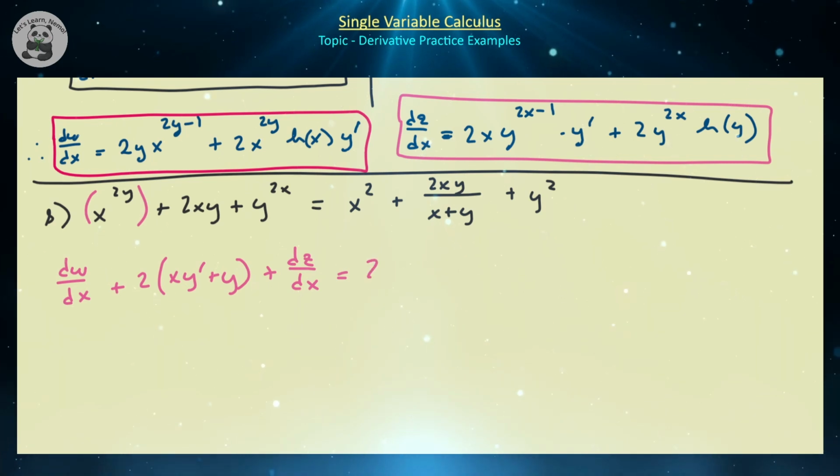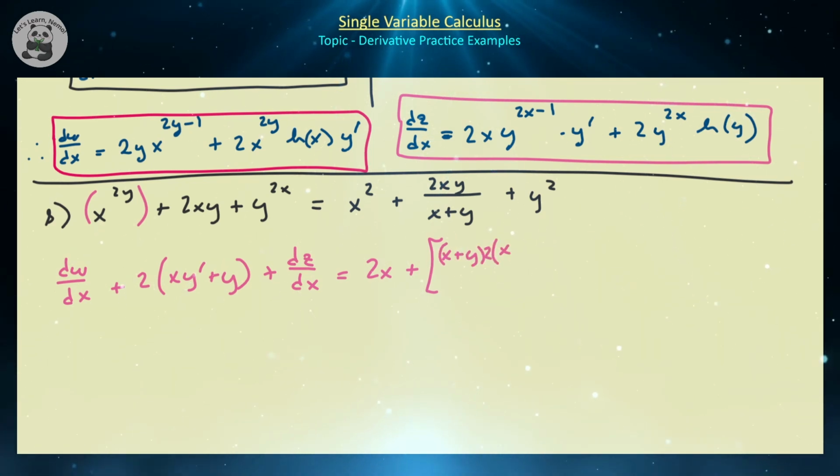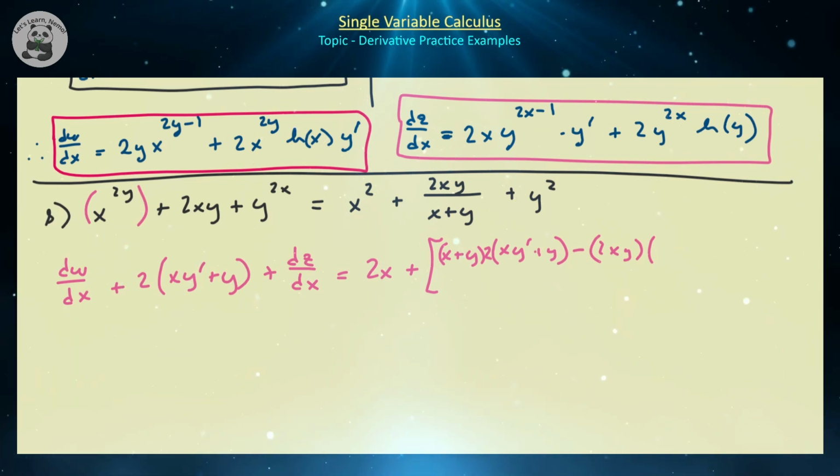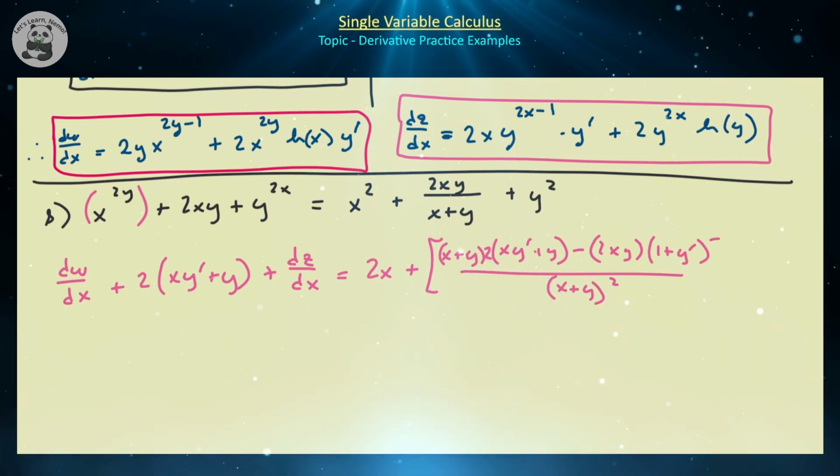And that's going to be equal to 2x plus, now we have a quotient rule, that's exciting. So bottom derivative of the top, so we're going to have 2 first derivative second plus second derivative first, bottom derivative top plus top minus top derivative bottom, so first is the derivative of x, which is 1, plus the derivative of y, which is y prime, so bottom derivative top minus top derivative bottom all over bottom squared plus 2y y prime. This is exciting, isn't it?